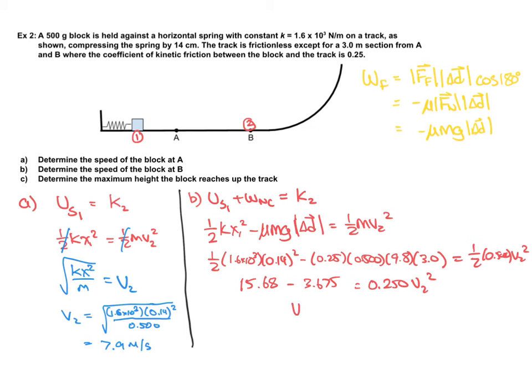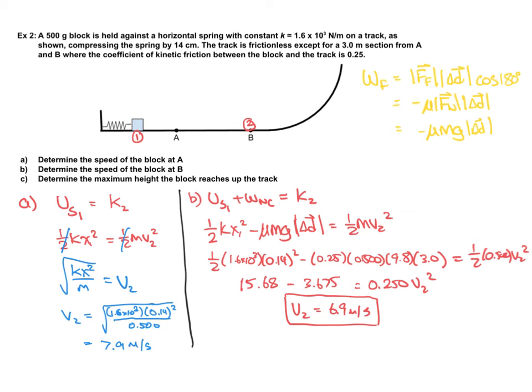Okay, so we'll go on to solve the rest of it. I won't write down those steps. I'll just calculate it out. Okay, so 6.9 meters per second, which makes sense. We got it a tad slower than we got in part A, and that's the effect of the friction.